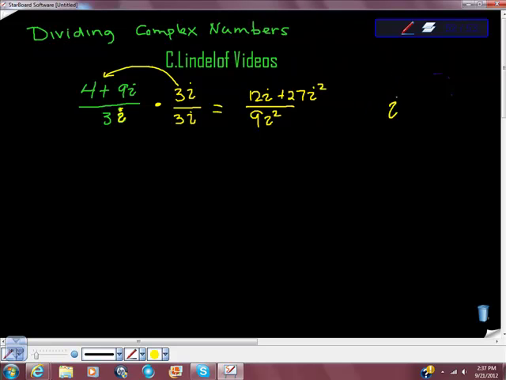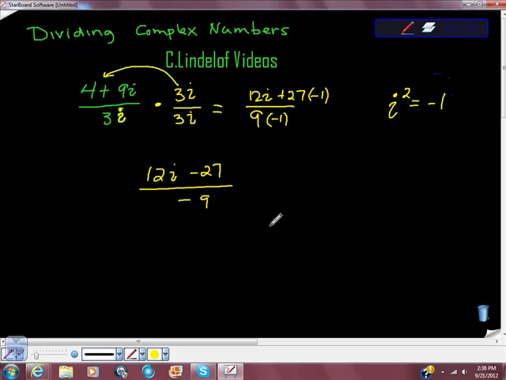Hopefully you remember that i squared is equal to negative 1. So what we really have here is 9 times negative 1, and here we have 27 times negative 1. So we have 12i minus 27 all over negative 9.